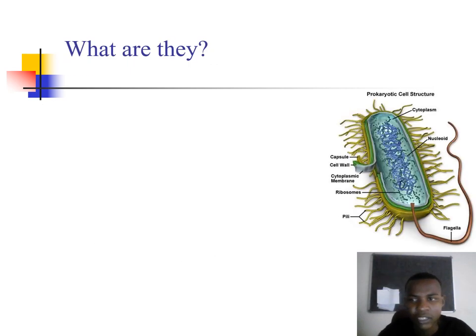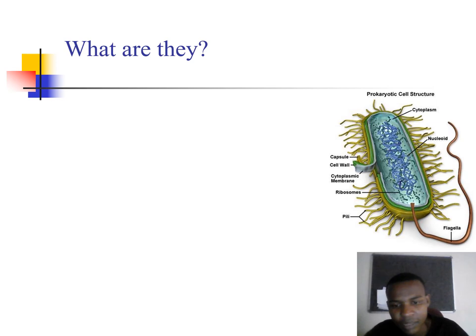This is an example of a microorganism. You can see that they have a simple structure. You need to be able to draw this diagram. This is a diagram of a prokaryotic cell. When you say something is a prokaryotic cell, pro means before, karyotic means nucleus. These are cells which don't have a nucleus.